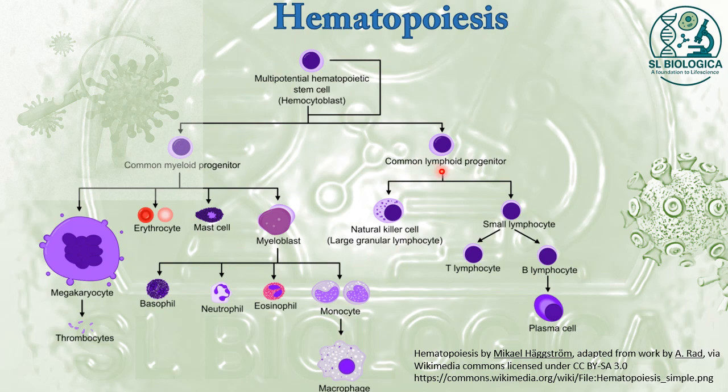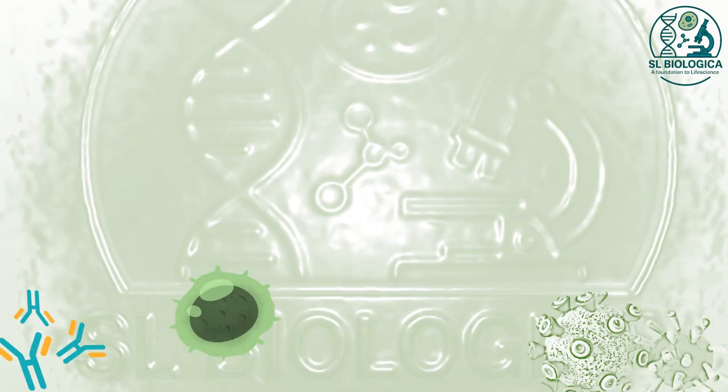So from the lymphoid progenitor cell, we will get natural killer cells, T lymphocytes and B lymphocytes. And we know that B lymphocytes give rise to plasma cells, which produce the antibodies. So is the hematopoietic pathway clear now? Okay, now let's move to the next question.